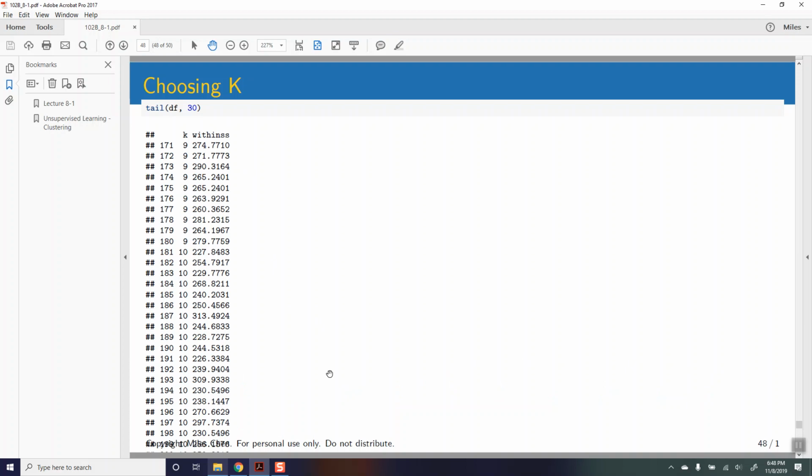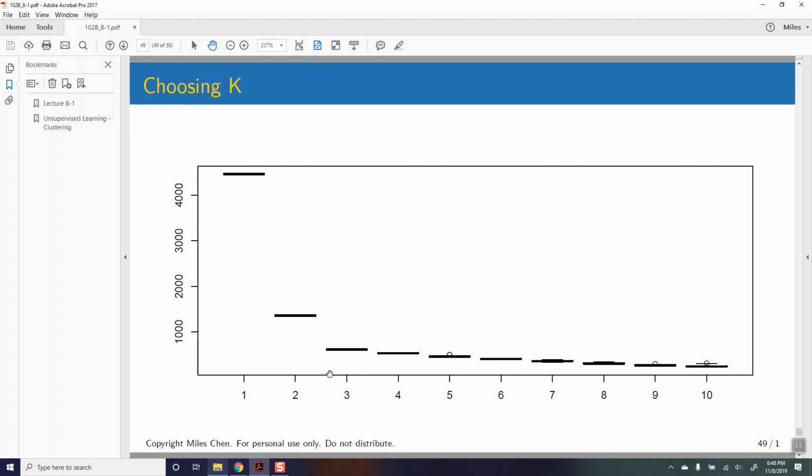I probably could have redrawn this to focus on 1,500 and less. But the big thing is that there's a huge reduction in the residual sum of squares, or within sum of squares, when we go from 1 to 2 to 3, but how much more we get when we go to 4, 5, 6 up to 10 is a lot smaller.